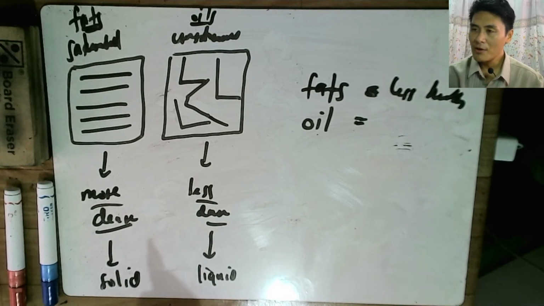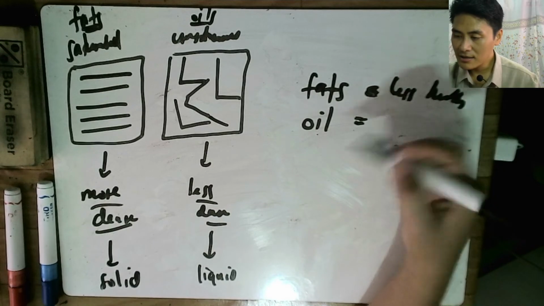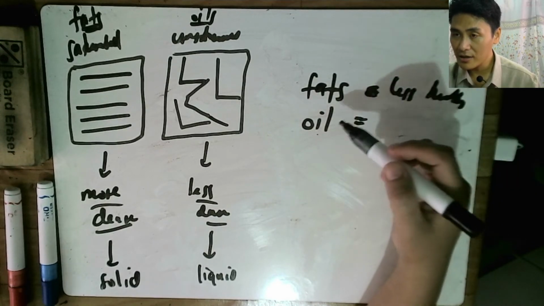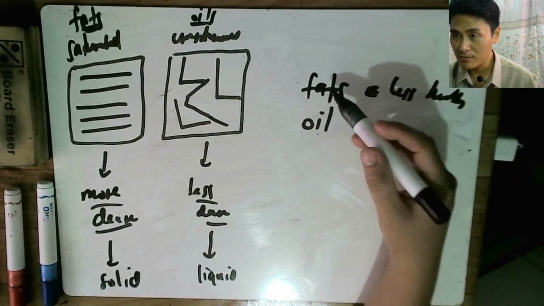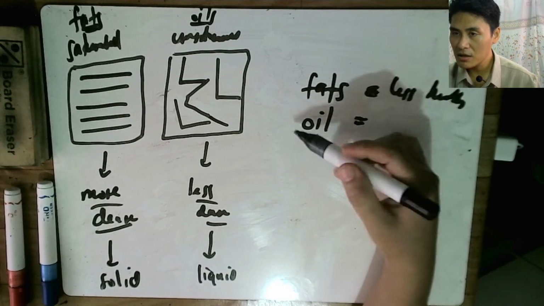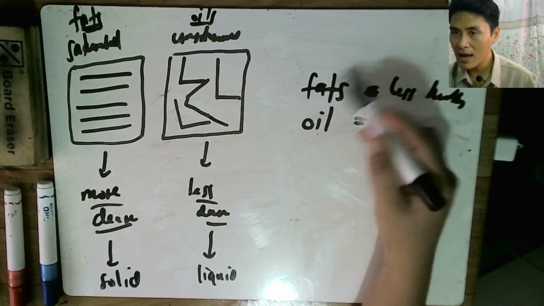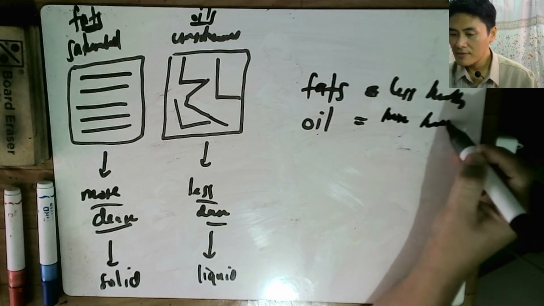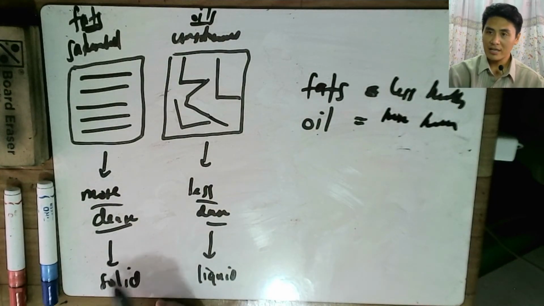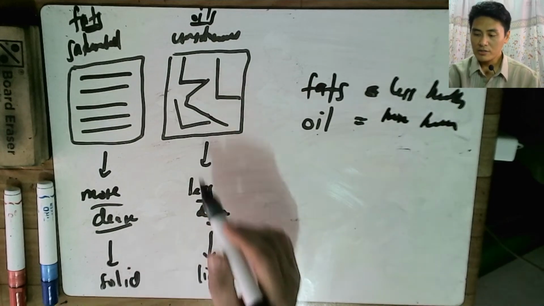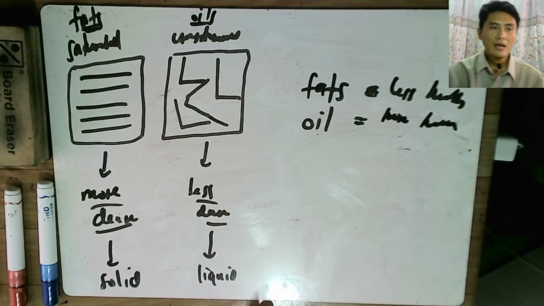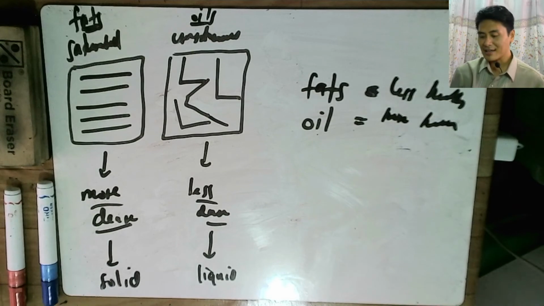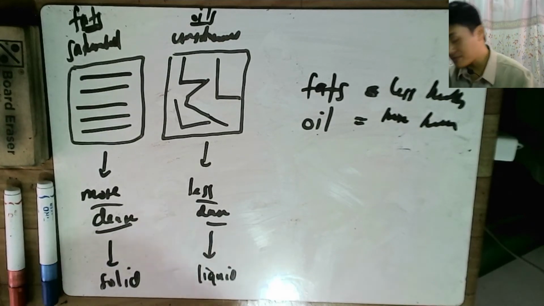But the reasons for why they say that fats are less healthy than oils, that's why you should eat vegetable based food than animal based food, is because of this, that fats create solid particles that can clog up your arteries, but oils do not, right? However, it's not as straightforward as that, as you may have learned from science by now.